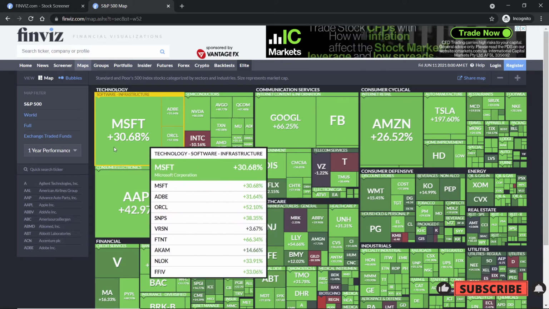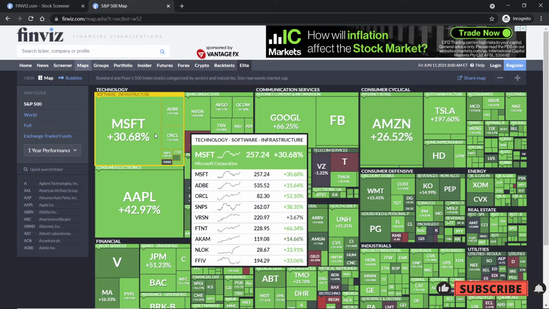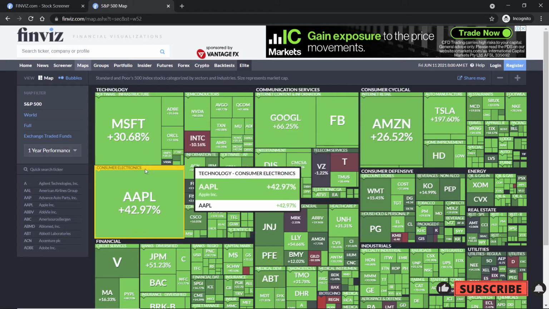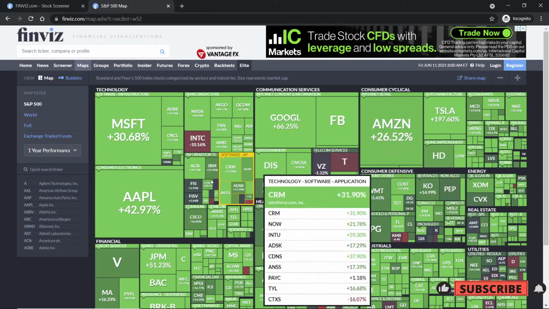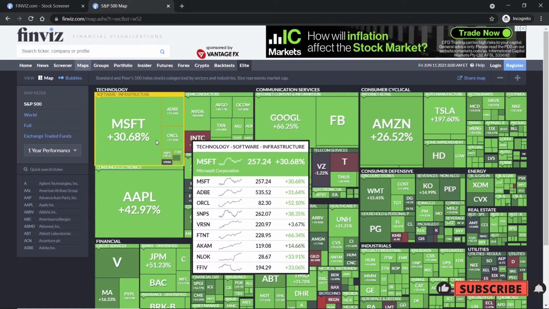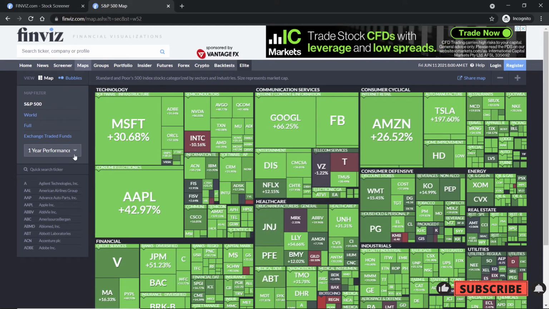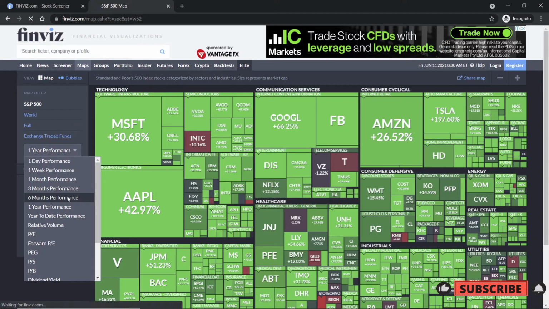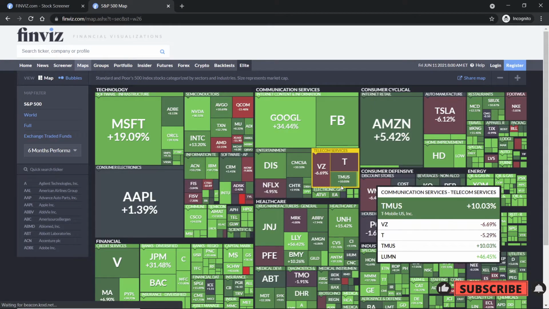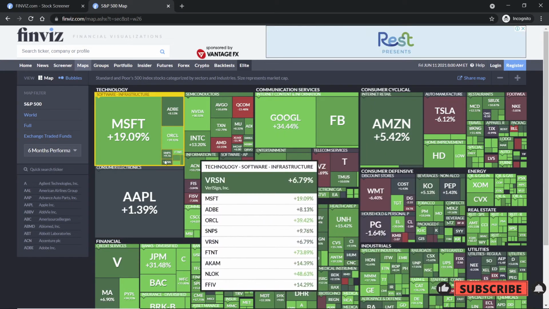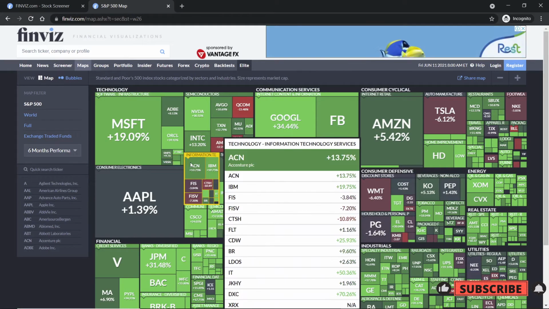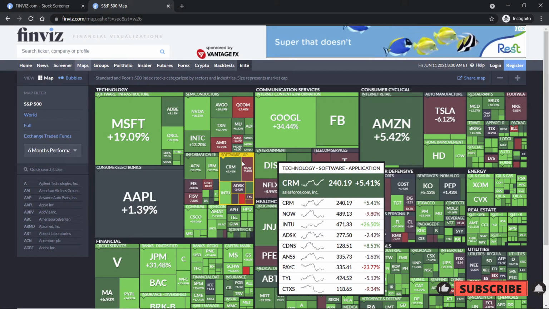Just track what Microsoft does, then go back, check the Microsoft details and see how they've performed, the financials, how strong they are, and then you decide whether you want to invest or not. Over 1 year, 6 months, what has been the difference, what were the indicators that dropped, did they make the news, were there some major events that have occurred that could have caused the sudden drop or the sudden rise.